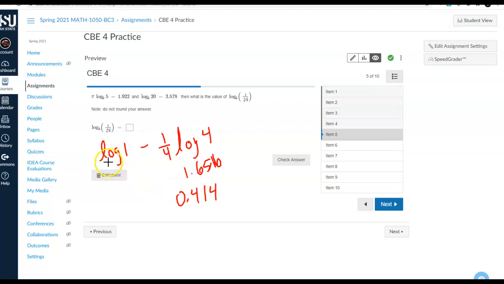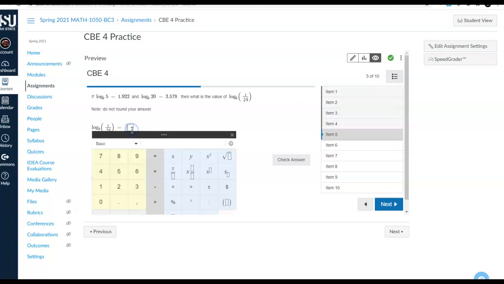And then log 1 is just 0, so I don't need that. And this is negative here. So my final value should just be negative 0.414 is what I should get for that. So negative 0.414.